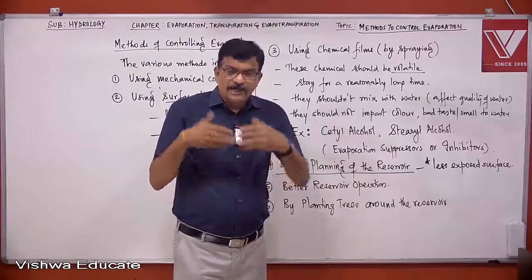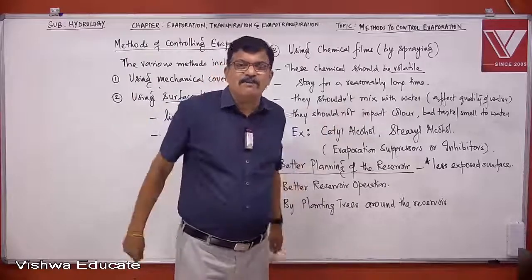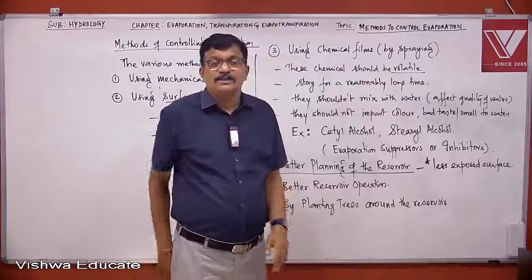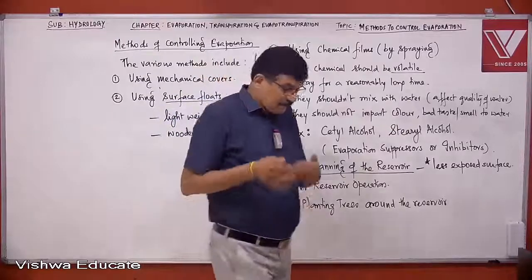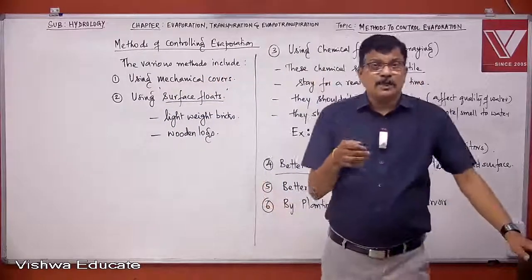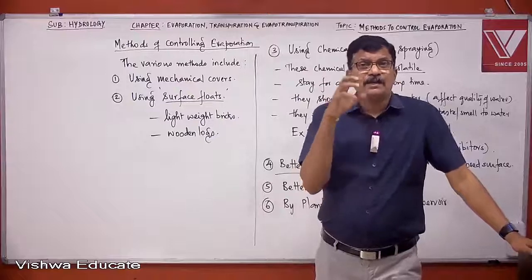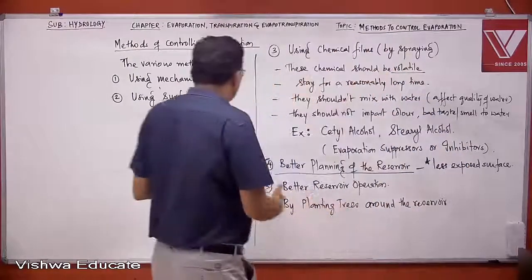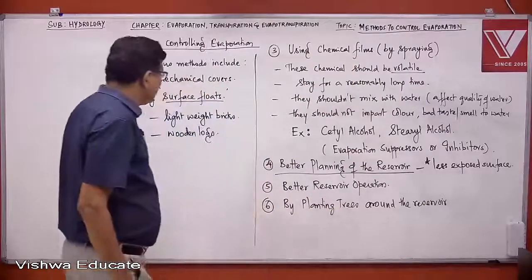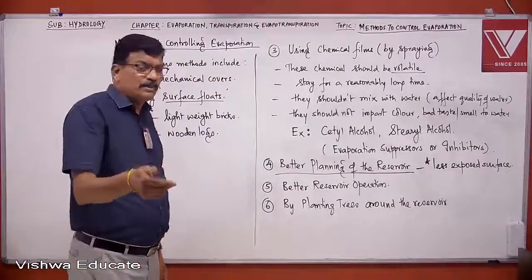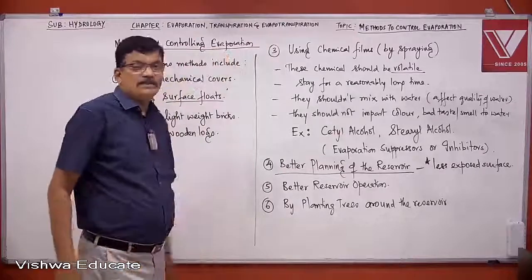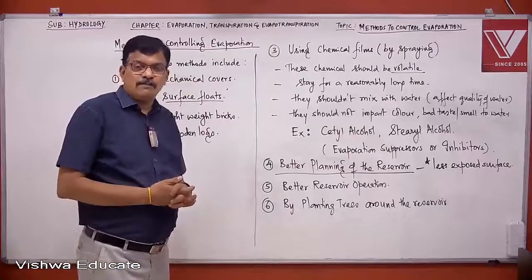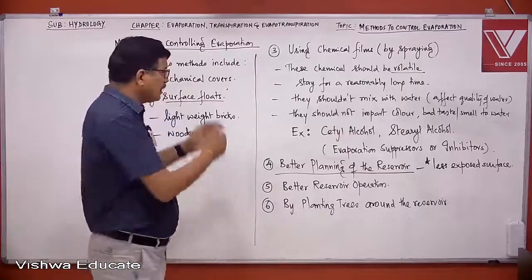So they prevent the wind from blowing across on the surface of the reservoir. So that in a way would also help reduce the loss due to evaporation. So these are the different methods that can be better employed to control the loss due to evaporation from a water body. Okay, you can copy this.